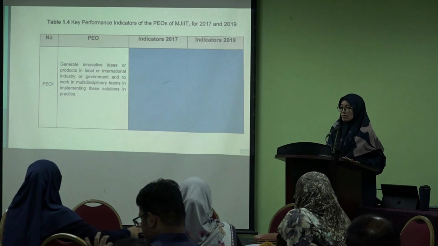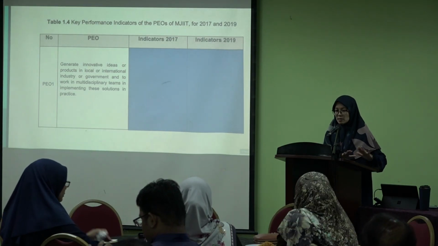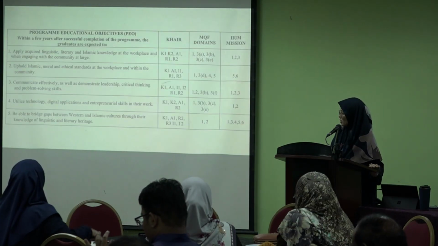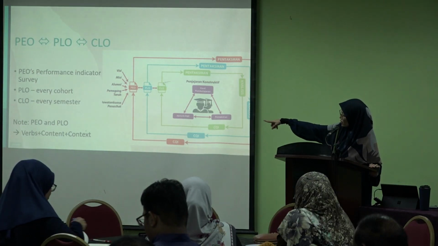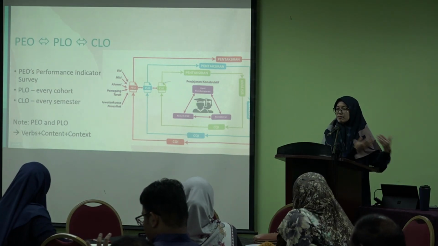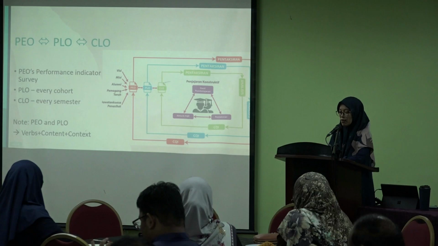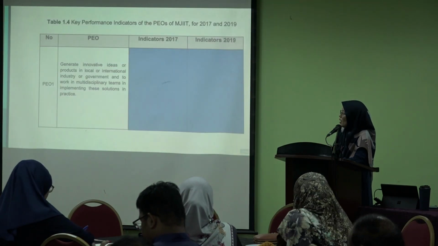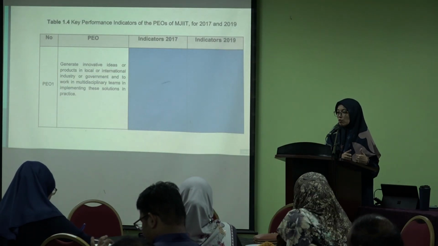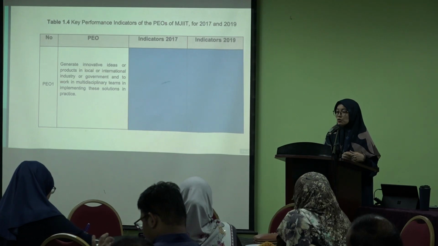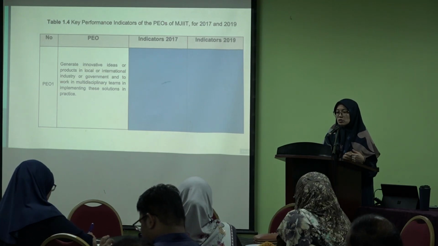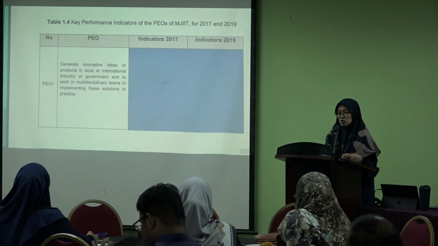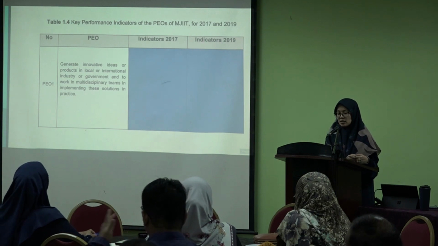Alright, let's go. Now, writing a PEO is one thing. Writing a PEO, you have to have the verb, content, and context. That's a different workshop altogether. But we're going to look at how, assuming you already have your PEO, you need to start evaluating to show the PEO attainment.